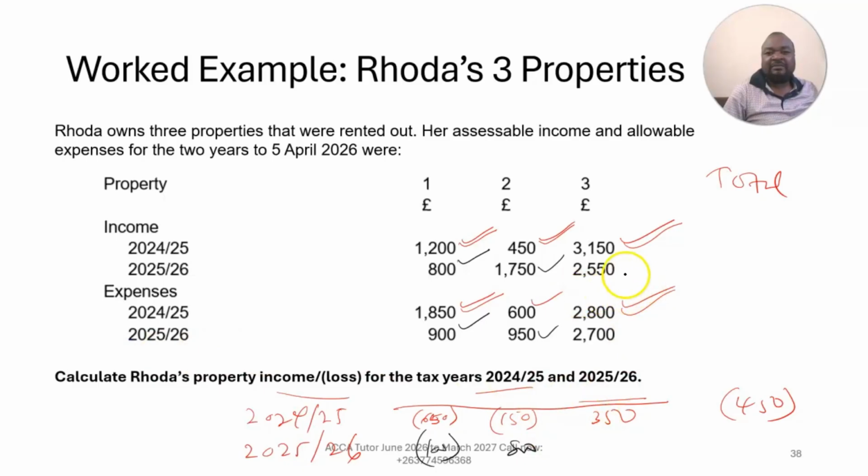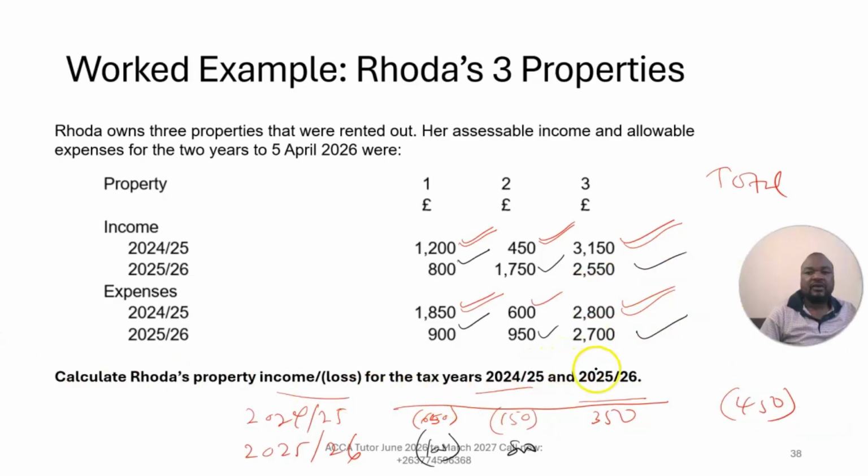What about 2,550 and 2,700? Here we are having 2,550 minus 2,700, so that's a loss of 150.